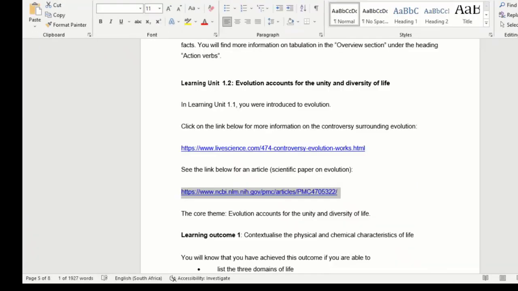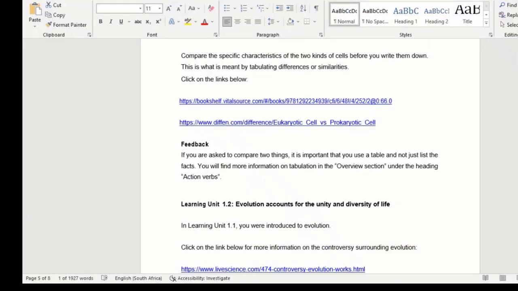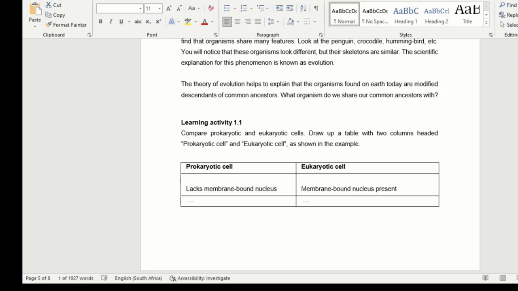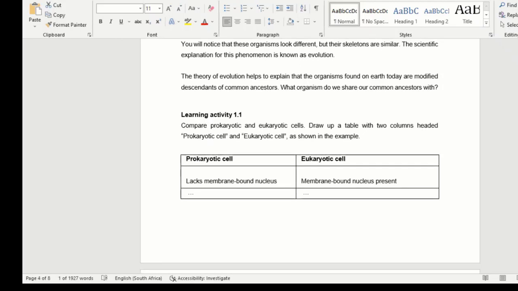So here in these notes that you're going to find, I want us to quickly focus on the unit of comparison between eukaryotic and prokaryotic cells, which we didn't touch in detail here on this unit. I thought we were going to focus on evolution, but evolution is quite broad and I don't think we'll be able to cover it today.